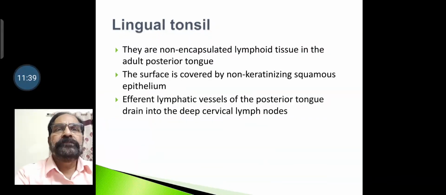Lingual tonsil. They are non-encapsulated lymphatic tissue in the adult posterior tongue. The surface is covered by non-keratinizing squamous epithelium. Efferent lymphatic vessels of the posterior tongue drain into deep cervical lymph nodes.